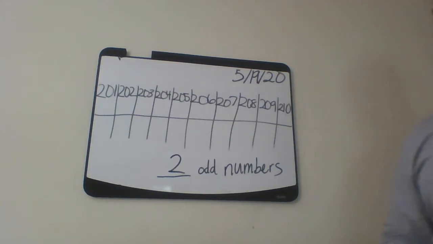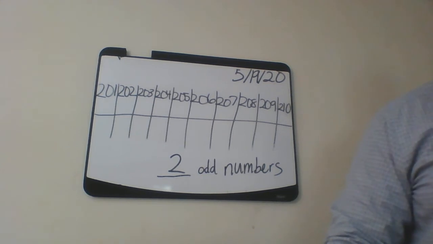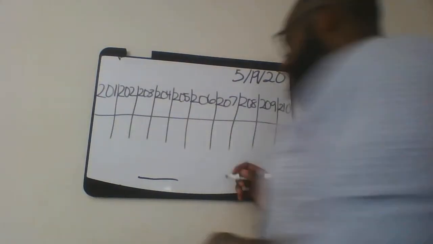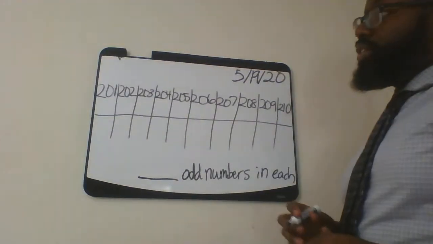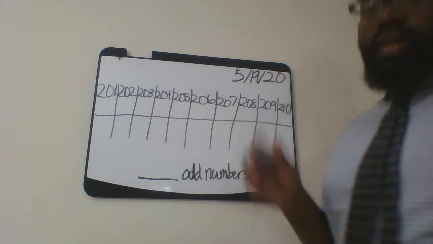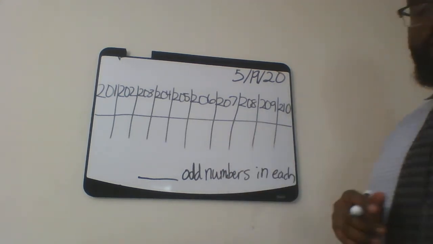The next one asks us an odd number in each row. So I'm about to write that on the board one more time. So it asks for odd numbers in each row. So I'm going to put a mark next to the odd numbers. We should know what our odd numbers are, class.